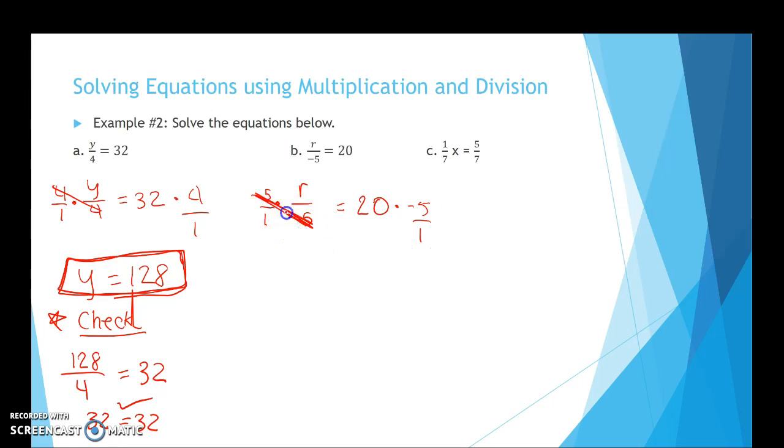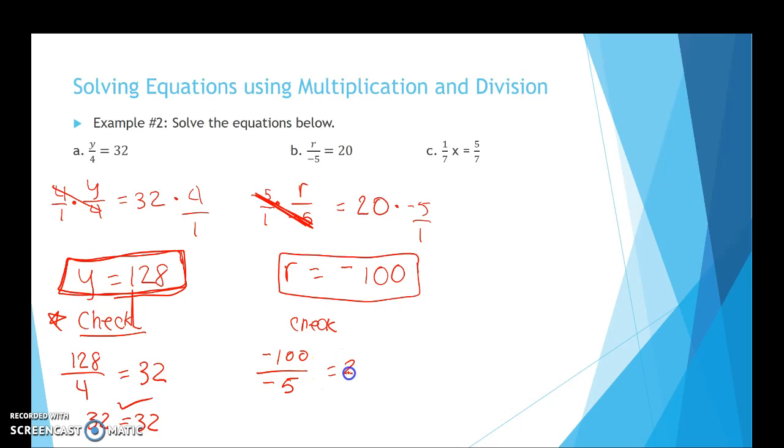On the left, the -5's cancel, so I'm left with r equals 20 times -5, which is going to give me -100 over 1, which is just -100. And that'll be my answer. To check this, I plug -100 in for r to make sure it works itself out here. So -100 divided by -5. Does that give me a positive 20? It sure does. So 20 equals 20. It checks itself out.